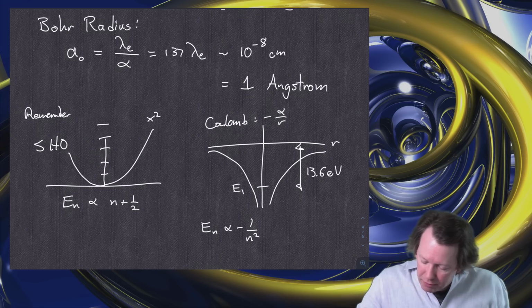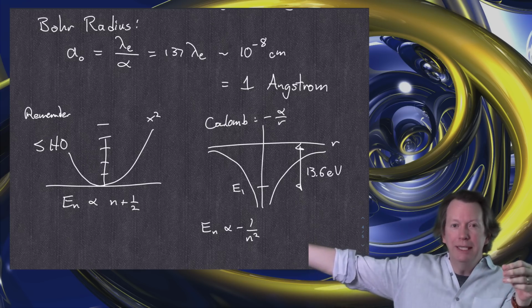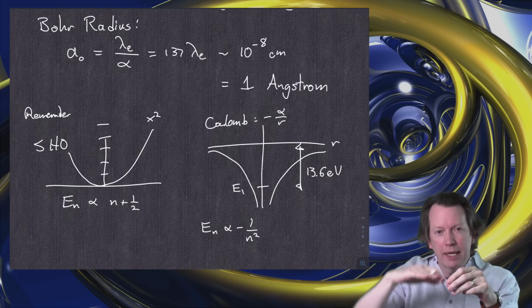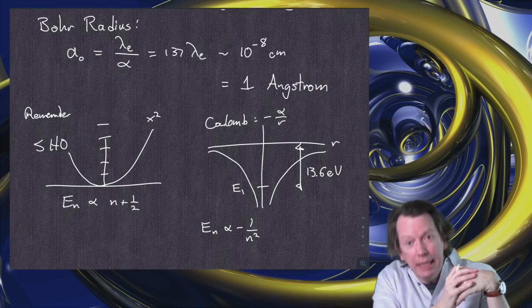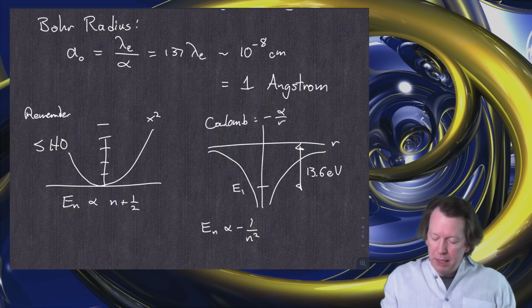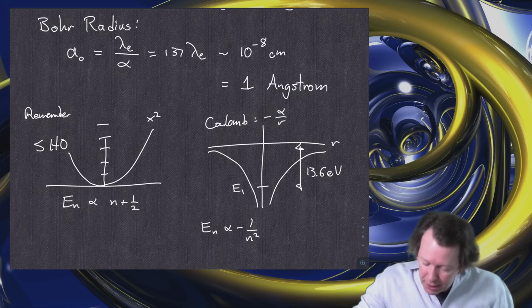13.6 electron volts. So the difference between the energy of an electron that is outside the hydrogen atom, not in it at all, and the energy of an electron that is in its lowest energy state inside the hydrogen atom is 13.6 electron volts. But then that's E1, and then E2 is closer to outside, and then E3, E4, E5, and they pile up.